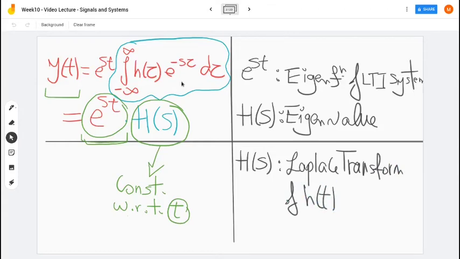So its Laplace transform, we call it the system transfer function or the system function. So H(s) is also called the system function or system transfer function.